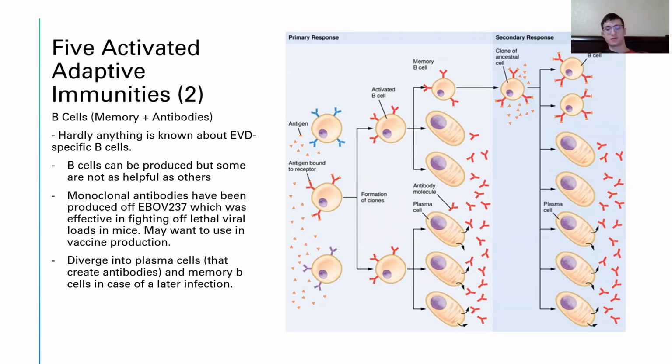An antigen binds to the receptor of a B cell to form clones and eventually form an antibody molecule. B cells form into either memory B cells, which can remain in the bloodstream for years to fight off another possible infection, or plasma cells that produce the antibodies to fight the Ebola virus infection, which I'm going to talk about next, the plasma cells.